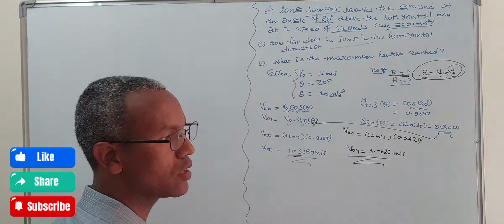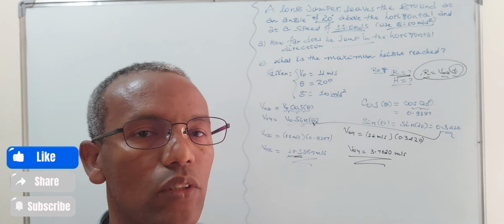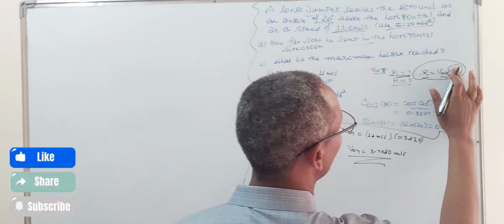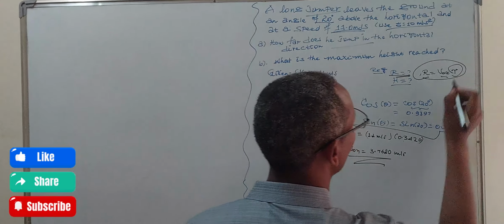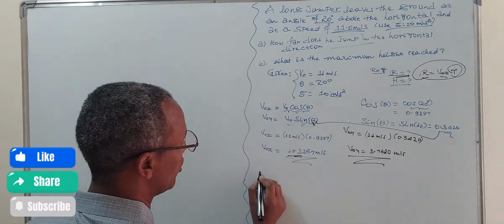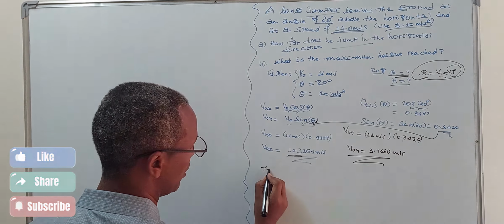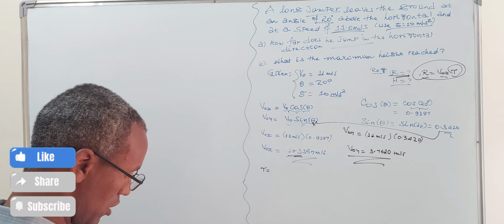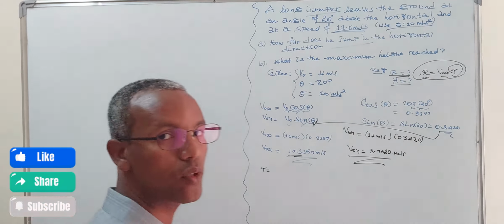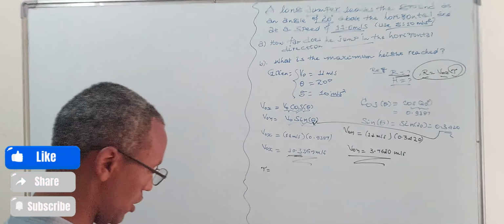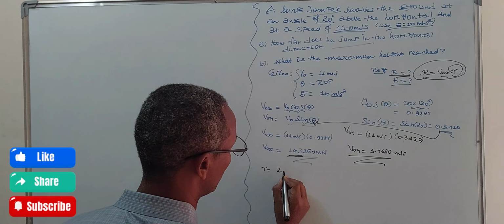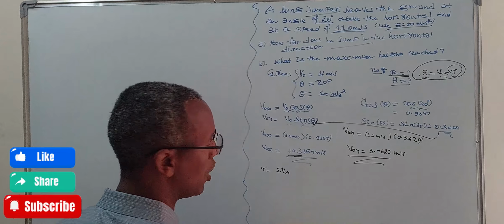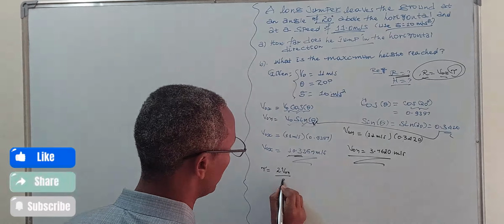So the time is the total flight time. That is what you need to calculate. You can represent t with lowercase or uppercase, it doesn't matter basically, you just need to know the scenario. So the total flight time is equal to 2 times V sub O sub Y upon g.